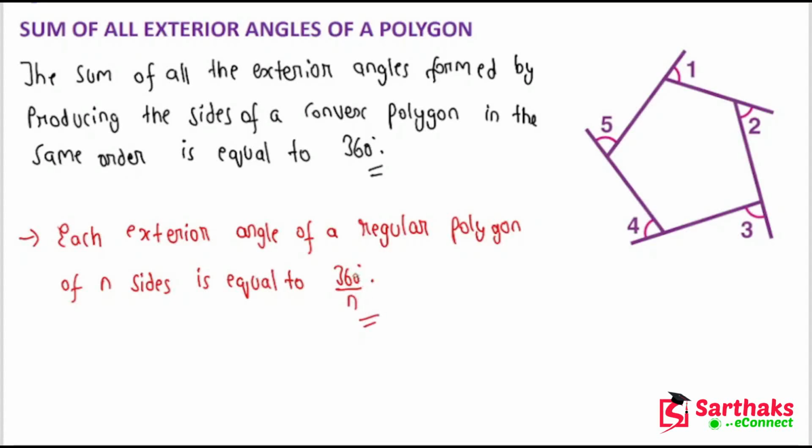So each exterior angle of a regular polygon of n sides is equal to 360 degree upon n.